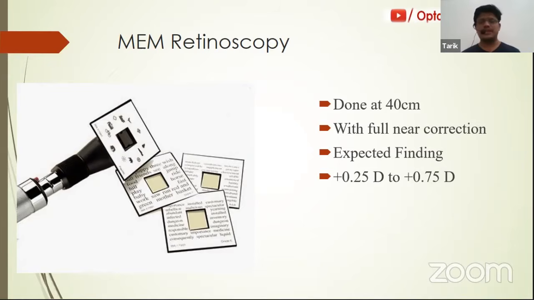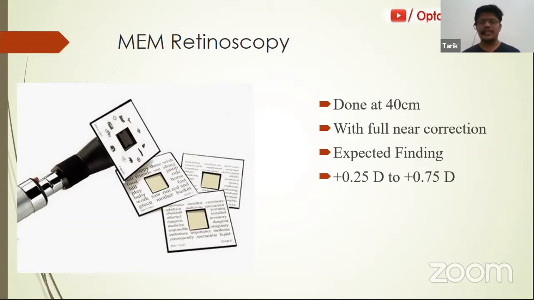So let's say if I put a plus lens, the patient can relax the accommodation and again you will see a movement in your pupillary area. So you keep your retinoscope ready, keep moving the streak to see what amount of movement is present, and accordingly take a lens, put it and see if the movement is changing or neutralized, and remove the lens very quickly. That is the key whenever you're doing your MEM retinoscopy.